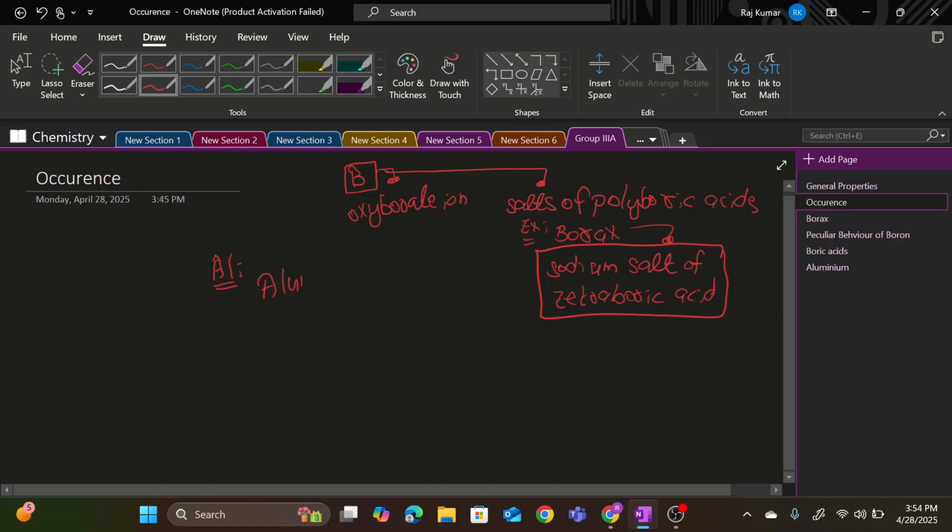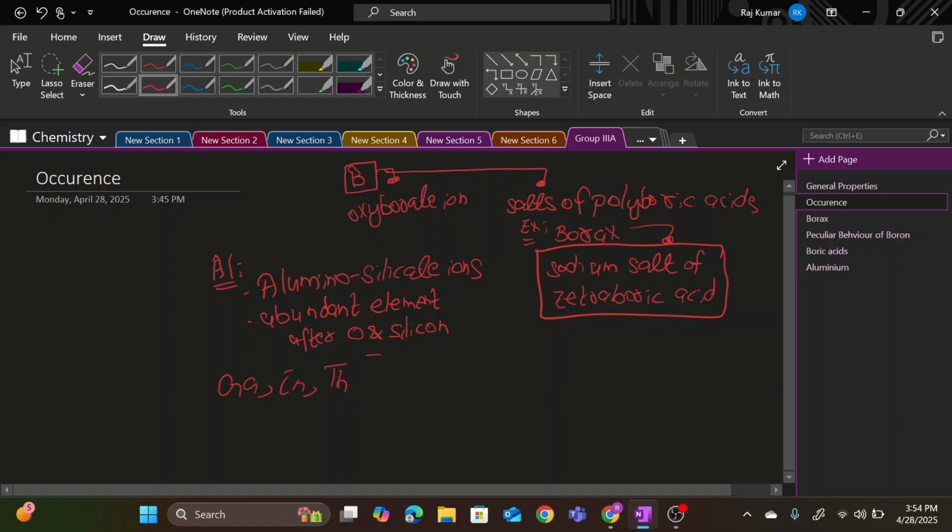It is found in rock minerals in the form of aluminosilicate ions, the abundant element after oxygen and silicon.